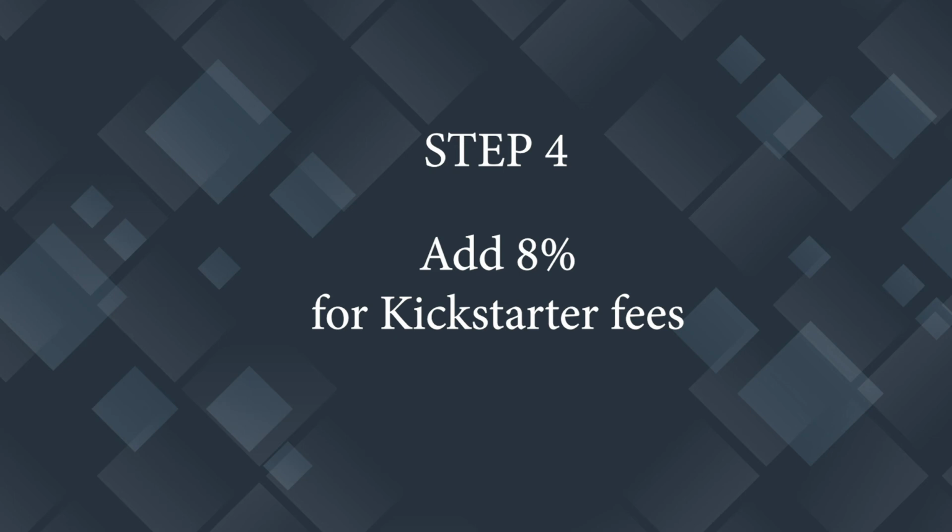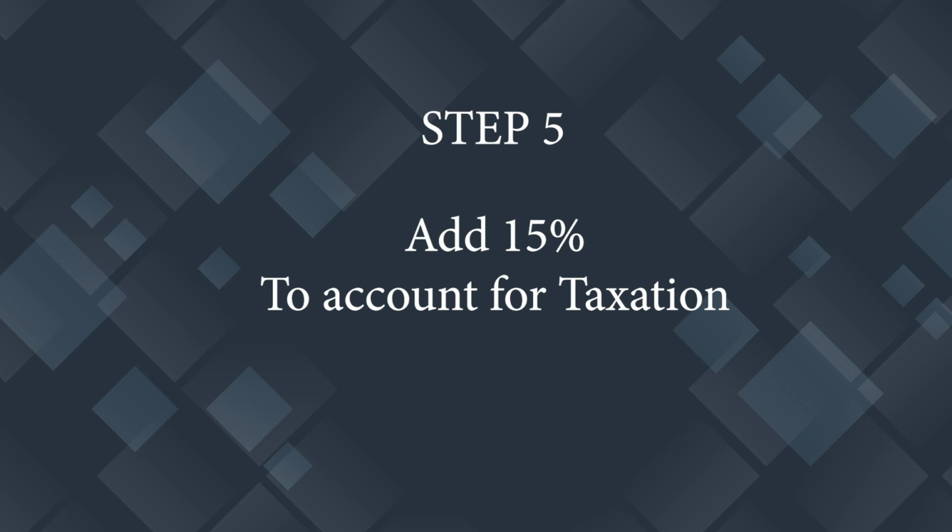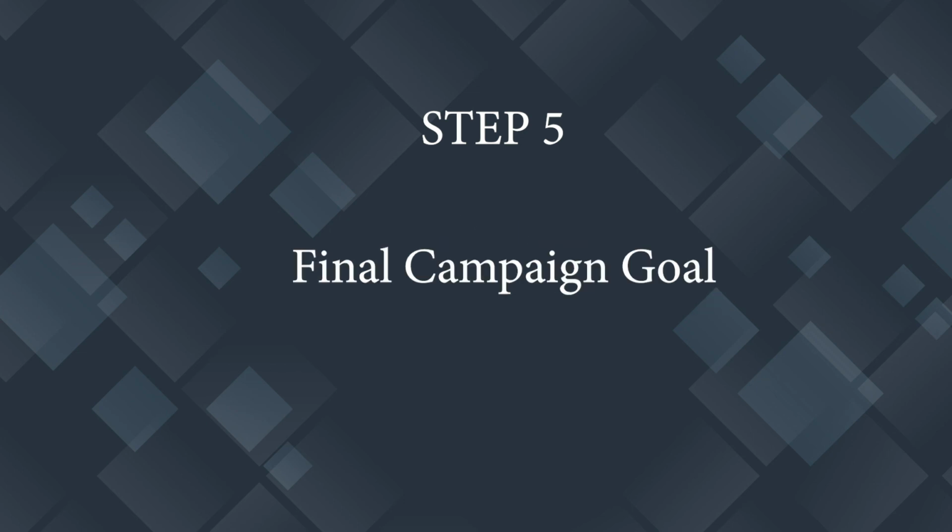That's 5% for the Kickstarter fee and then 3% averaged for the Stripe payment processing fee. And then finally, you want to add 15% to that number to account for taxation. I dive into taxation a little bit later in the lesson, but 15% is a good number to add to that. And that will give you your final campaign goal.